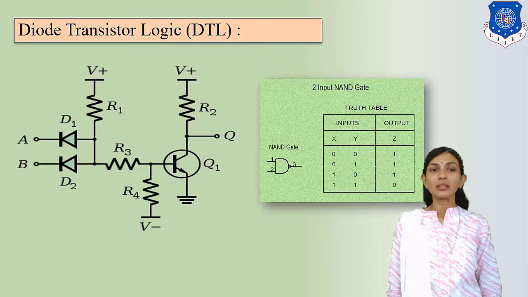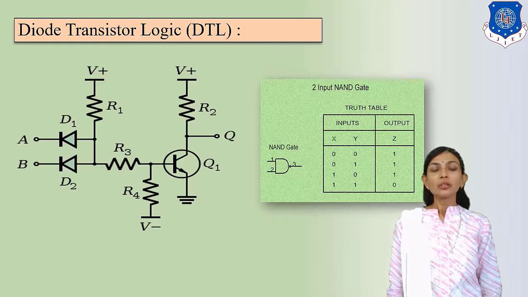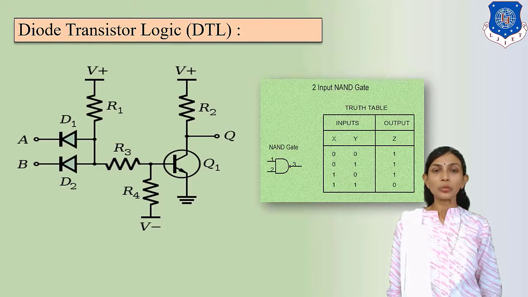Because of the 0 input at the A terminal, plus voltage is utilized to turn on D1, and similarly due to the negative voltage applied to the base terminal of Q. So again for 0 1 input, we will have the output 1 as D1 is on and D2 is off, but the NPN transistor Q1 connected at the output terminal will be in reverse biased condition, and that's why the output is 1, plus voltage appears at Q through R2.